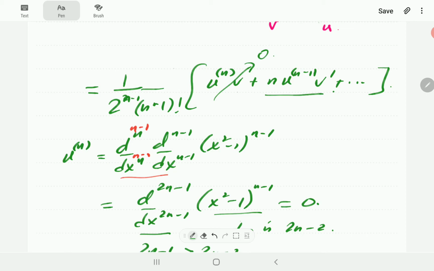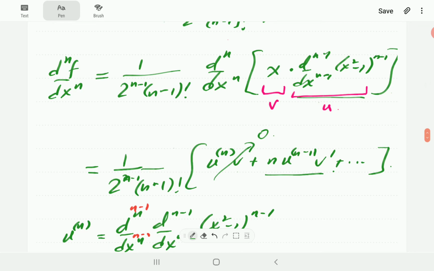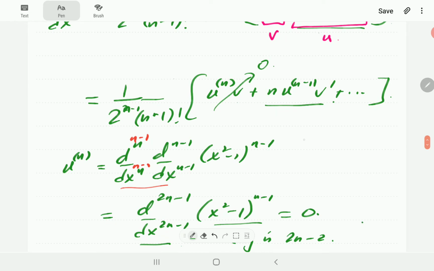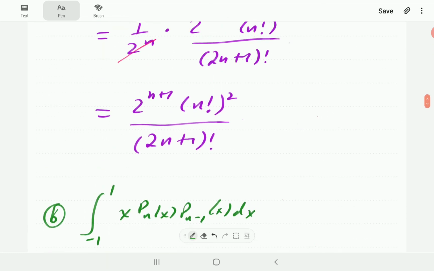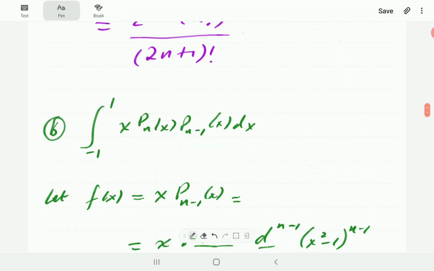And now remember v is x, and so v prime is 1. So that means this term here is actually going to be n times 2n minus 2 factorial. V prime is 1. So that's what we're going to substitute this time into that formula.